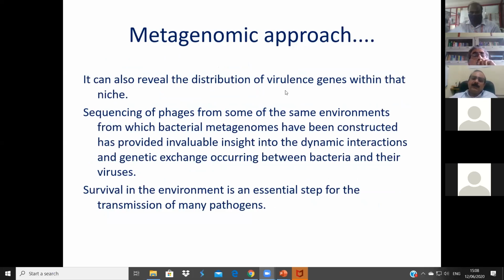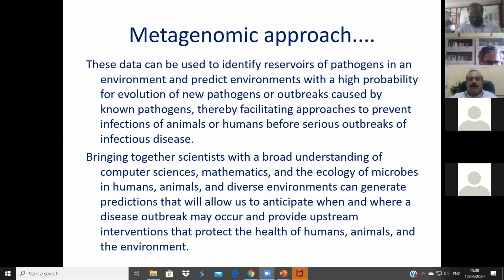And it can also tell us the virulence genes within that area. And people have also sequenced phages. This metagenomic data can identify reservoirs of pathogens in an environment and predict environments with a high probability for evolution of new pathogens or outbreaks caused by known pathogens.